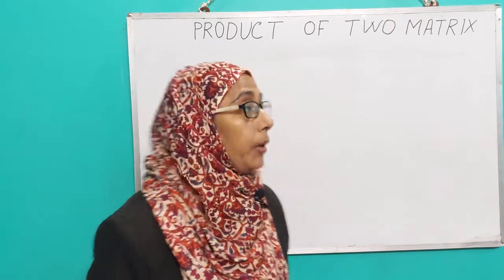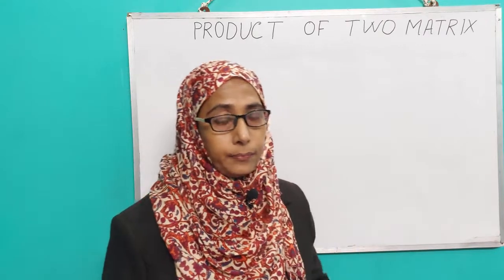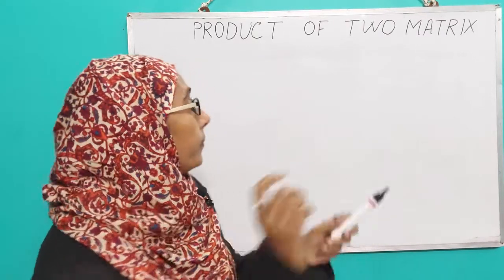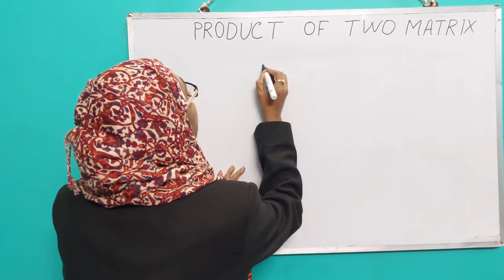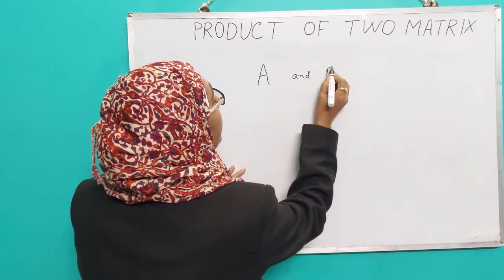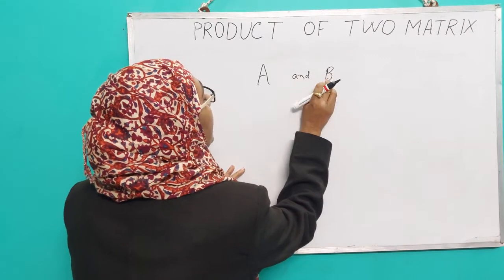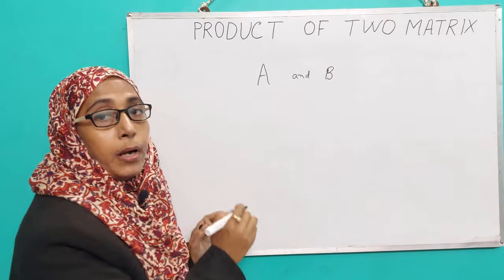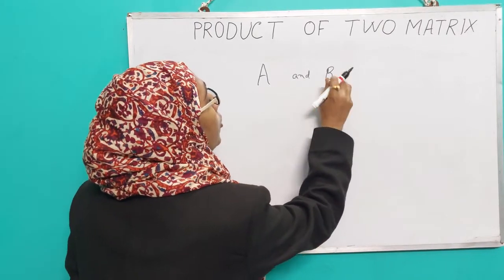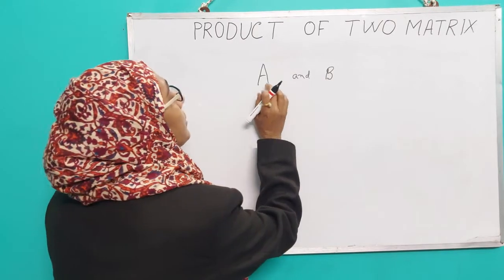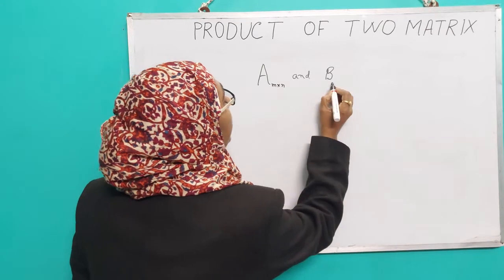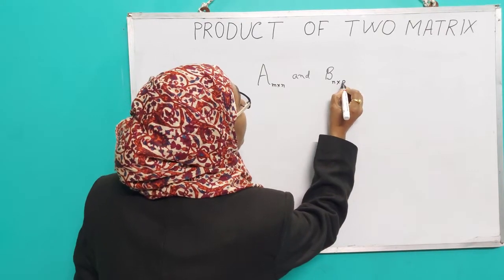Today we will discuss the product of two matrices. Two matrices A and B are conformable for product when the number of columns in A is equal to the number of rows in B. Suppose A is an M by N matrix and B is an N by P matrix.